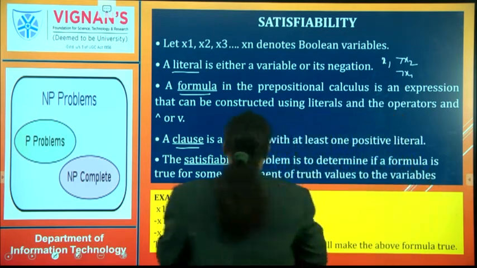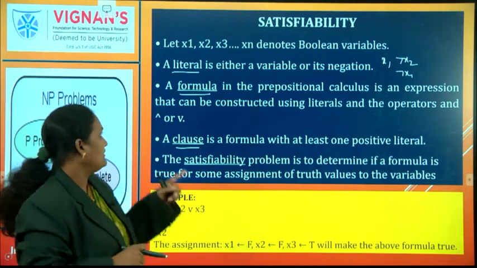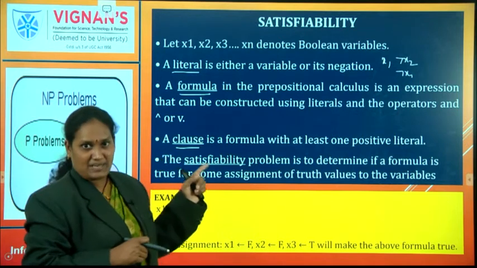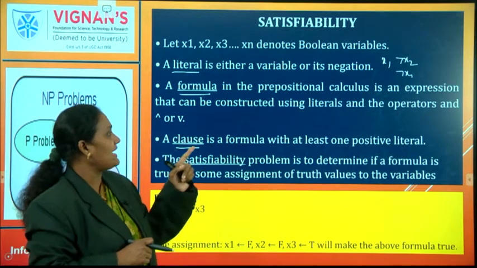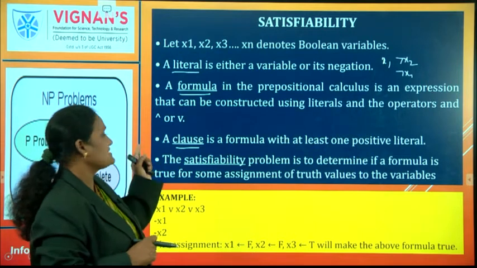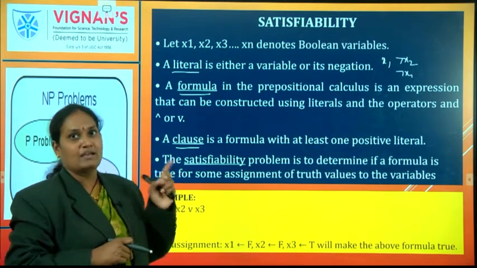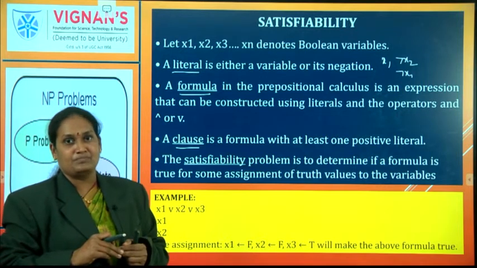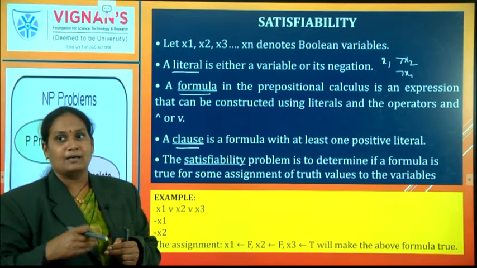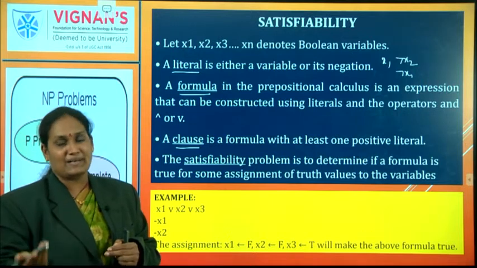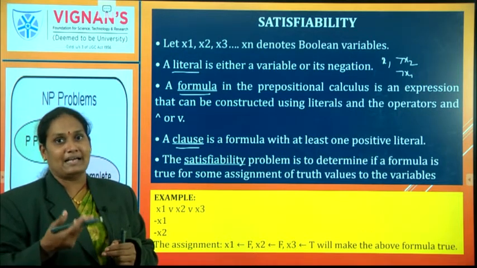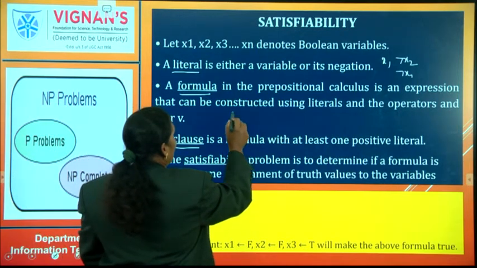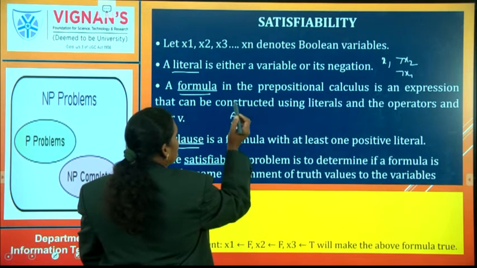Next, a formula. What is a formula? A formula in propositional calculus is an expression that can be constructed using literals and operators such as and, or. Simply saying, a formula can be constructed by using literals and operators. For example, A is a literal and B is another literal.